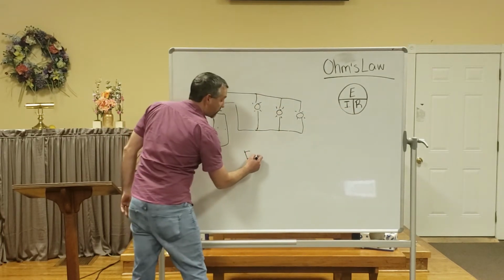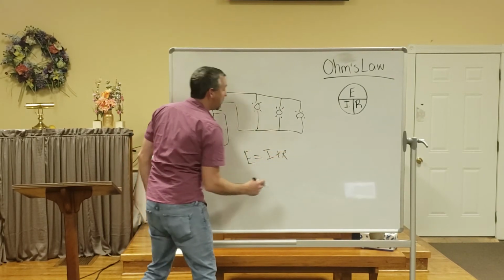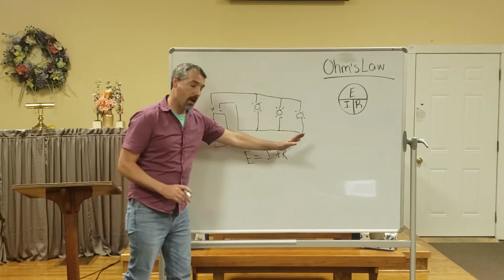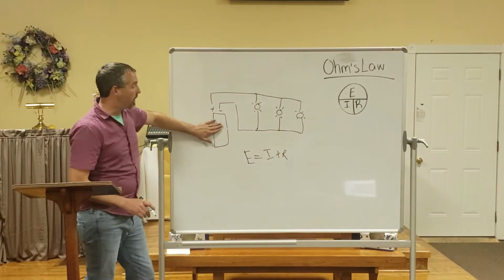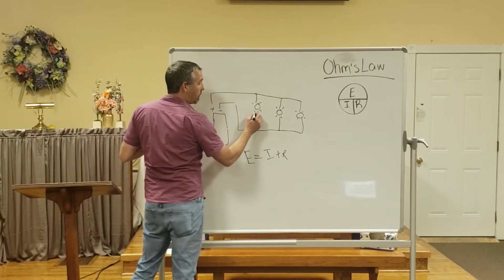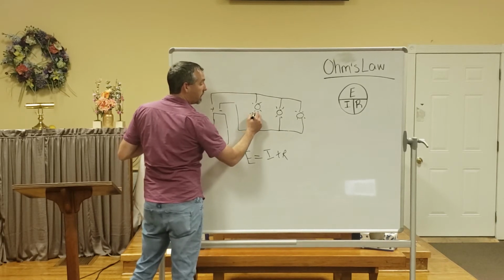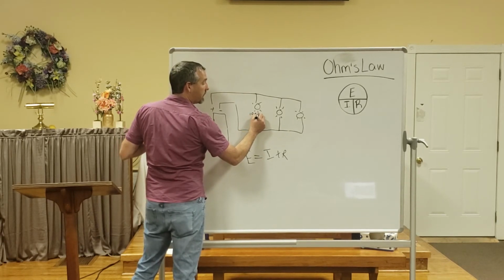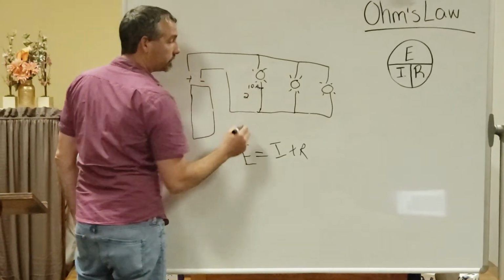So E equals I times R. Okay? So our current times our resistance. So if we did not know how many volts it was, but we did know that we had 10 amps, and we knew that we had 2 ohms of resistance.